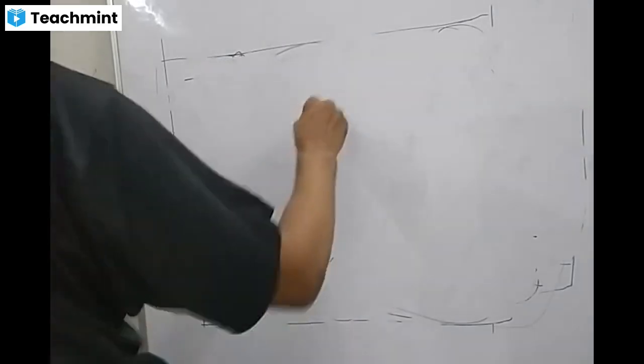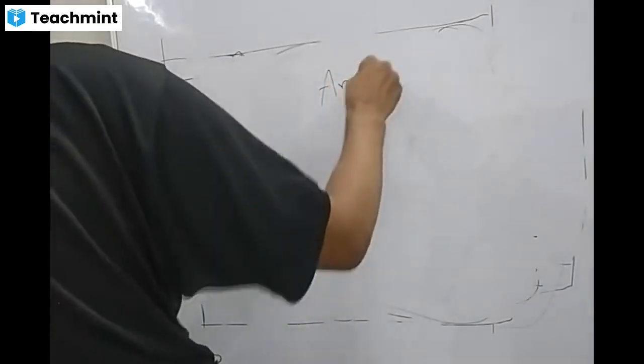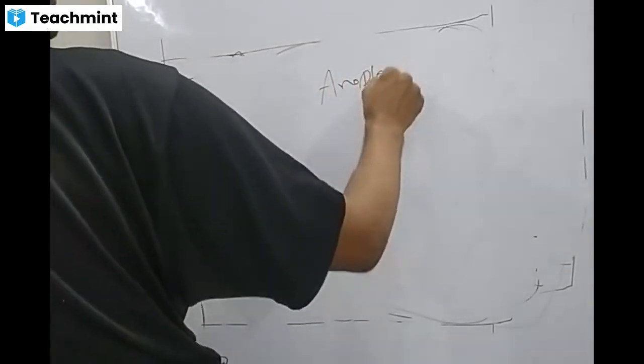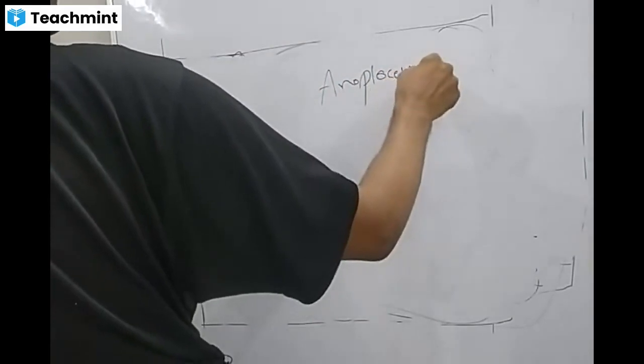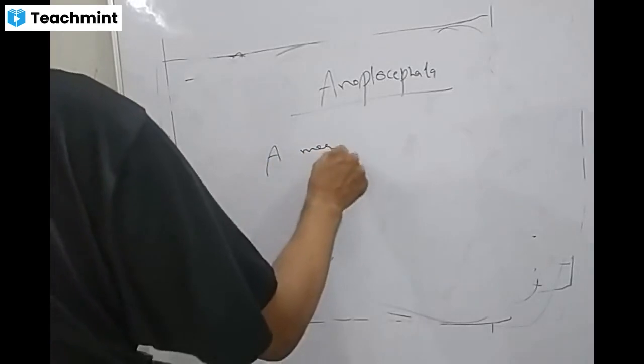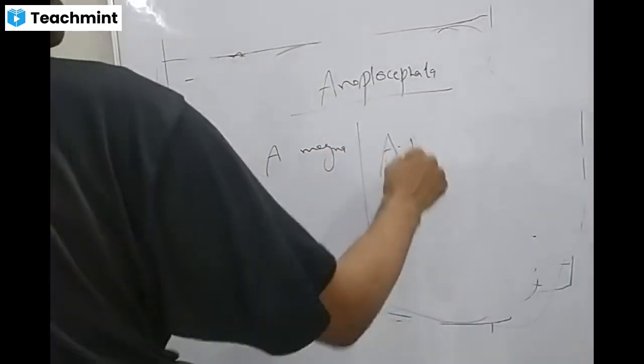Then there is one more family where you find the cestodes of horses, Anoplocephala. There are two members, one is magna and one is perfoliata.